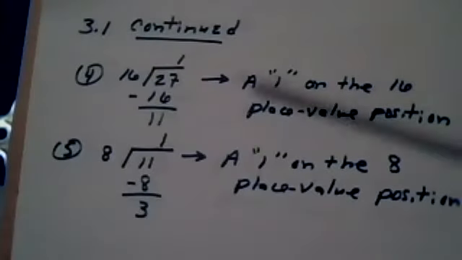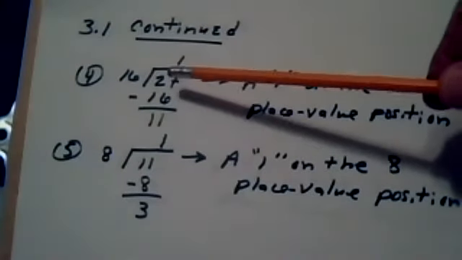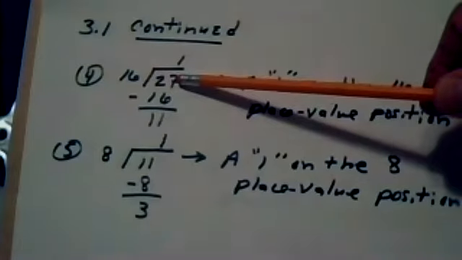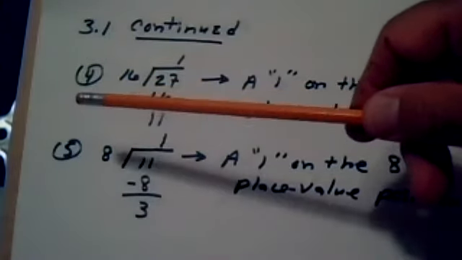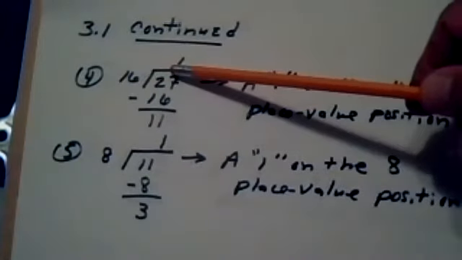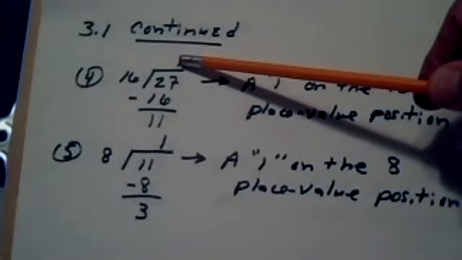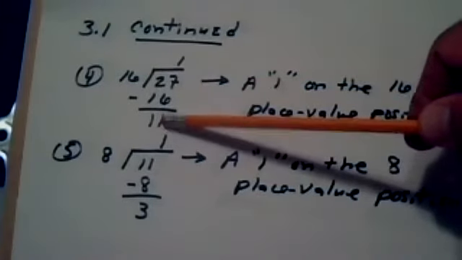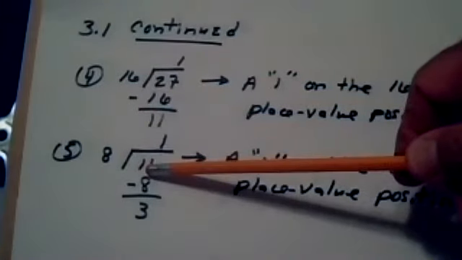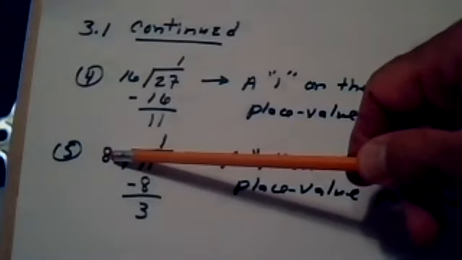And you do it this way. You take the 27, which is the one you're converting, and divide by the first place value that we mentioned, which was 16. So you get a 1. There's one 16 in 27. This remainder, you're going to divide by the next place value, which is 8.